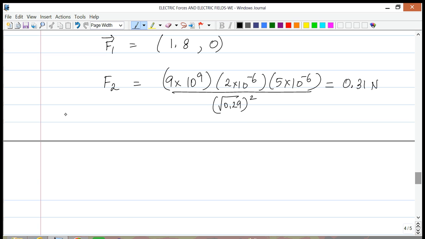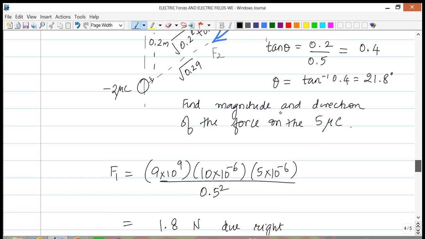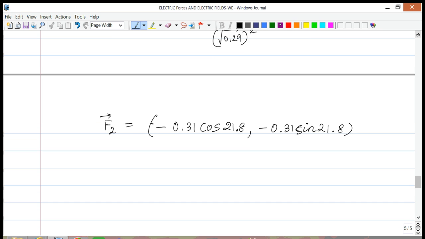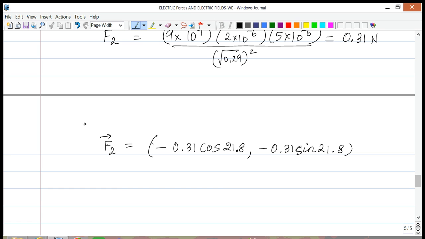However, we got to figure out the components of F2, and F2, since it is in the third quadrant, is going to be equal to negative 0.31 times cosine of the angle we got, 21.8, minus 0.31 sine 21.8. Okay, so now that we have this, let's figure out the individual components.